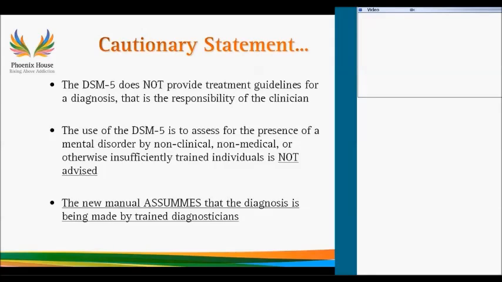In the DSM, one of the things that is the same for each manual, including the 5, is that the American Psychiatric Association has published this manual and does not provide treatment guidelines for diagnosis. That is still the responsibility of the clinician.